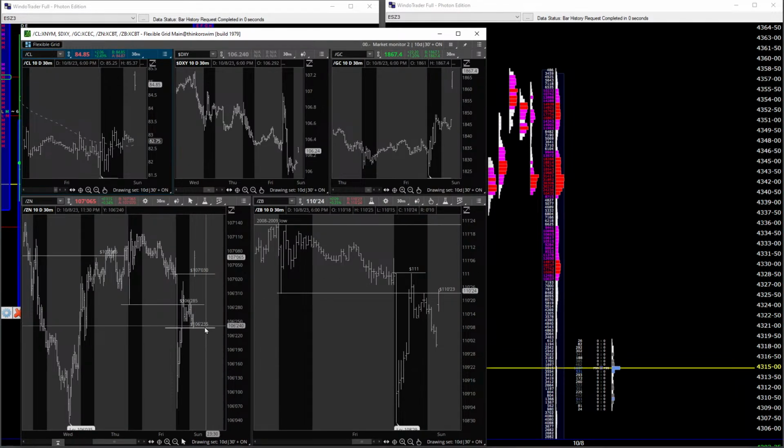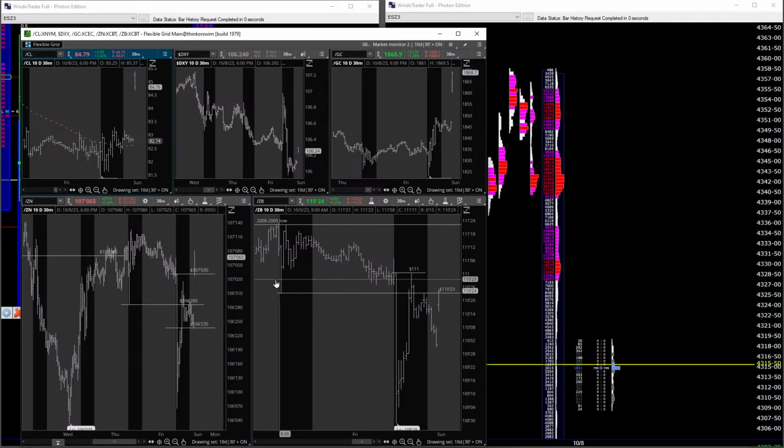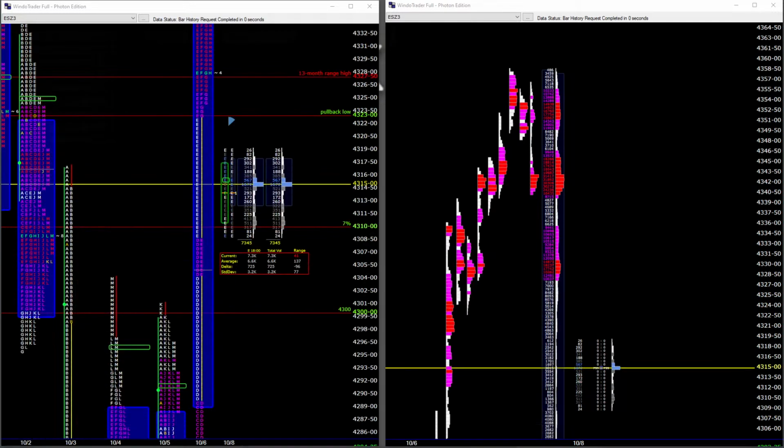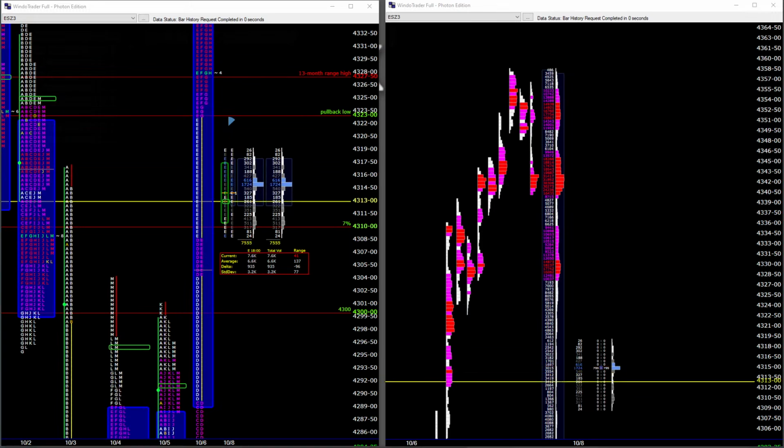It's a really big gap here, from here to here. It's way up here, way above Friday's range, and this one is going lower. In these conditions, this is just overnight, right? Forget about that. Overnight is a different animal.